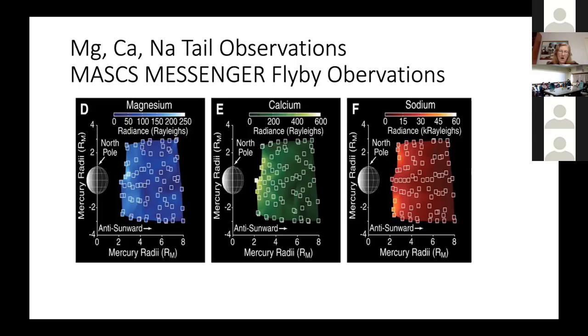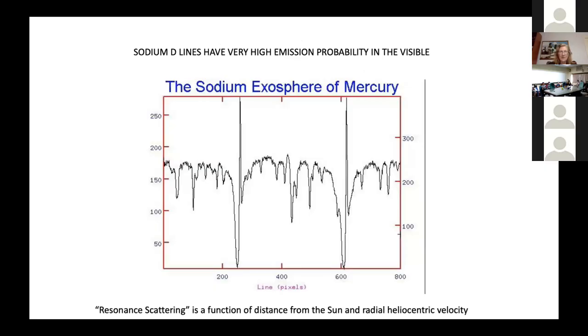Calcium is almost always and consistently seen centered at the equator. In fact, it's centered at the dawn side. Magnesium is the least concentrated, whereas sodium is often seen at high latitudes. So they all have their own exosphere with its own distributions.